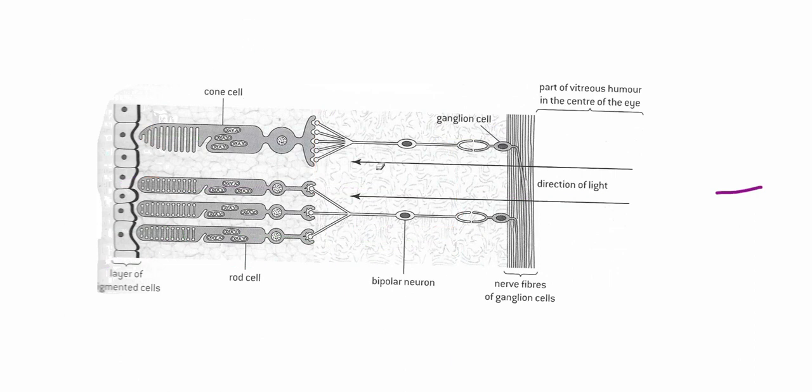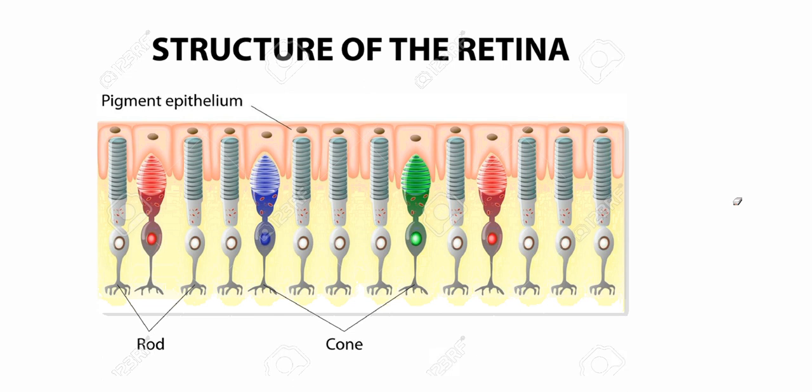Let's take a look at it in a little more detail. Here's the pigmented layer, and you can see the rods and cones that are there. The thing you notice is that all of the rods look the same. There's a rod, there's a rod, there's a rod, but there are actually three different types of cones.